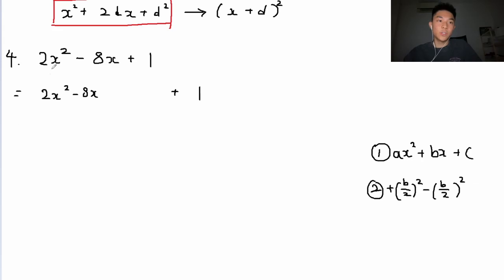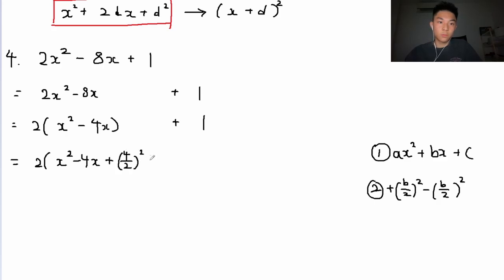So what we need to do is factorize it. 2(x² − 4x) + 1. Now we can use our second step. So 2(x² − 4x + (4/2)² − (4/2)²) + 1. Notice how I did this part inside the bracket. That's pretty important.